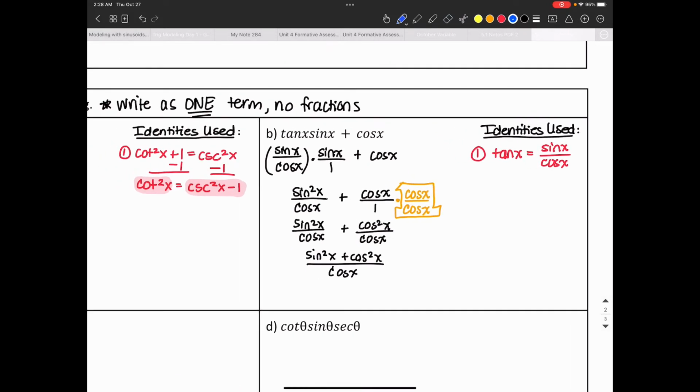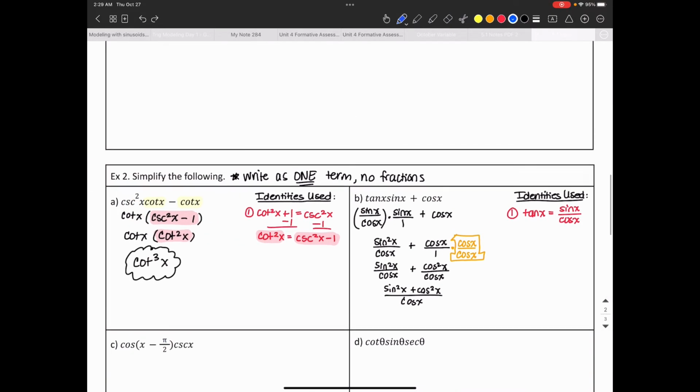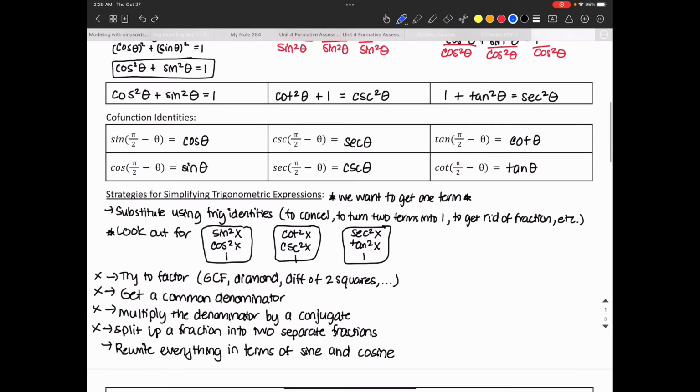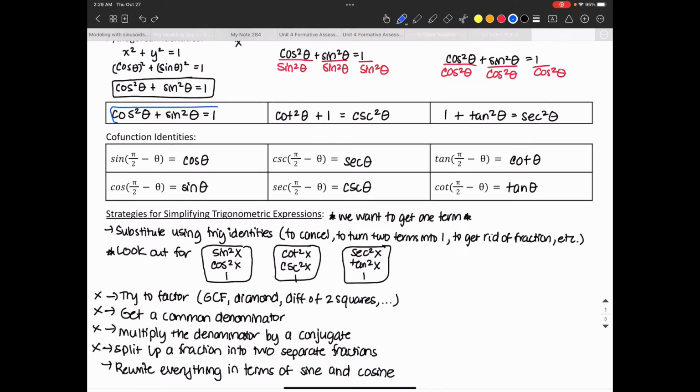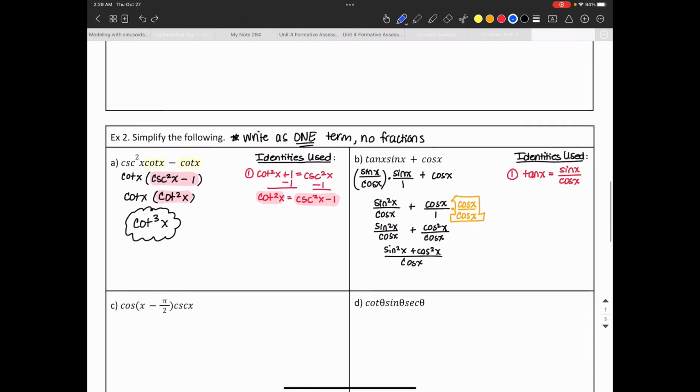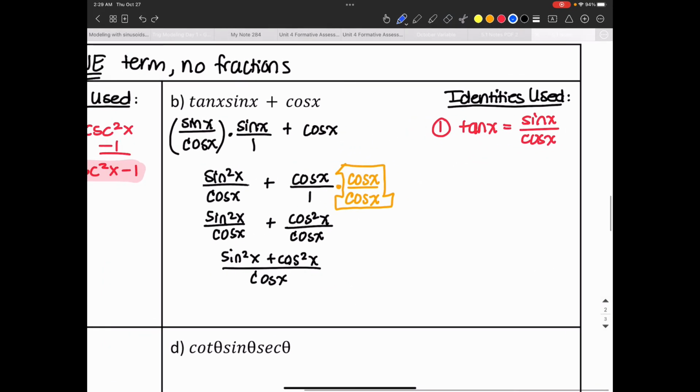These two terms here go together. I'm looking out for sine squared of x and cosine squared of x to be together because I can rewrite those as one term using that Pythagorean identity I have. So this Pythagorean identity here has cosine squared of x and sine squared of x together, and I can use that identity to simplify that numerator.